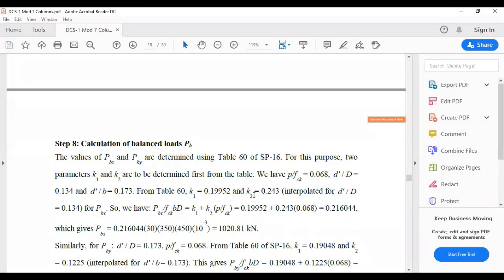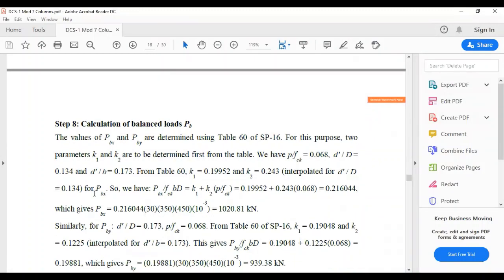Which is interpolated for the value 0.134 of D dash by D, and this is for PBX. So this gives PBX upon FCK BD as K1 plus K2 into P upon FCK.